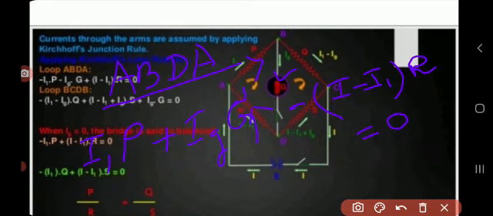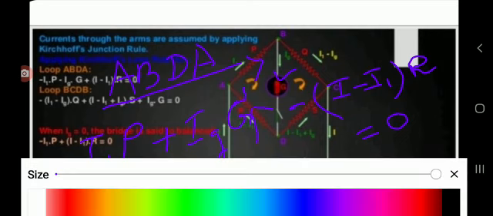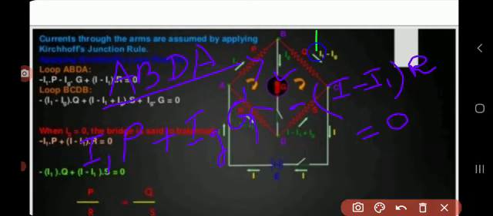So here, I1P plus IgG minus (I minus I1)R is equal to 0. And in the balanced condition, Ig is equal to 0. It means in the balanced condition the galvanometer shows no deflection, so Ig equals 0.